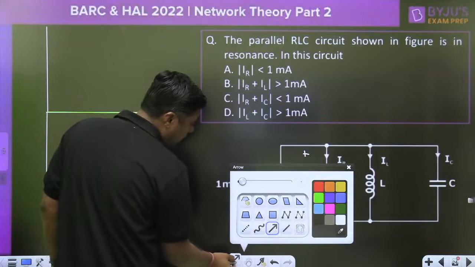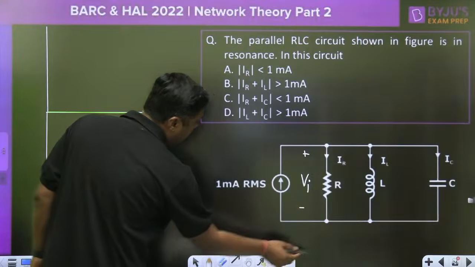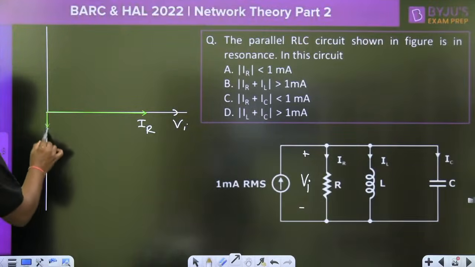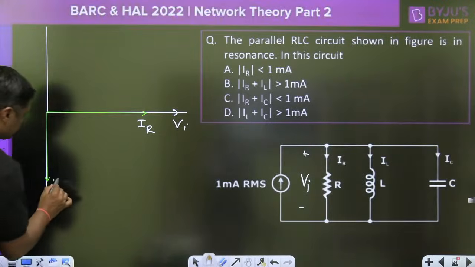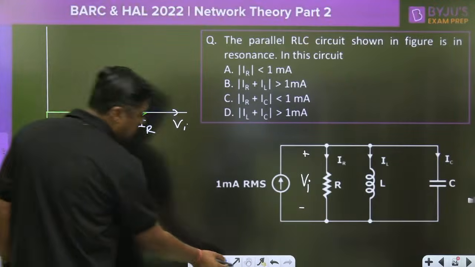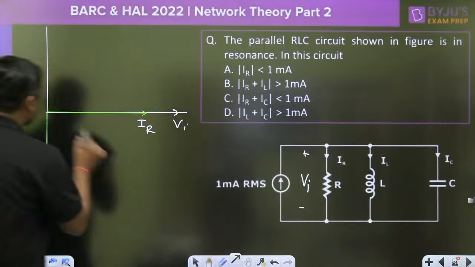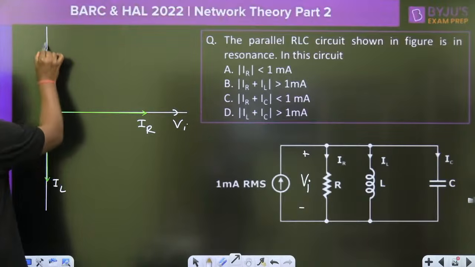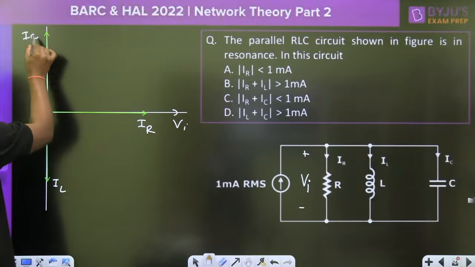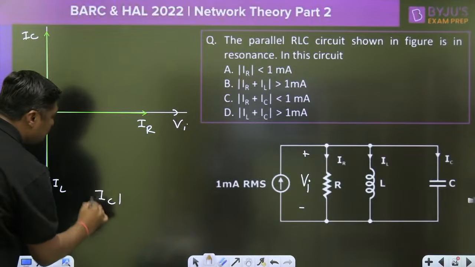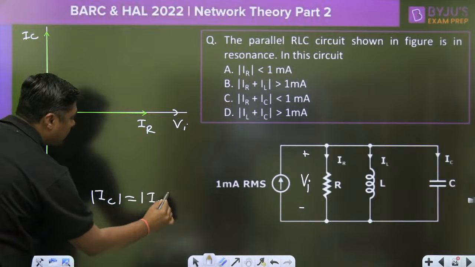Now what is the inductor current? Inductor current will lag behind the voltage, IL. And what is the capacitor current? Lead the voltage by 90 degrees. This is the IC. In a resonance, the magnitude of IC is exactly equal to the magnitude of IL.